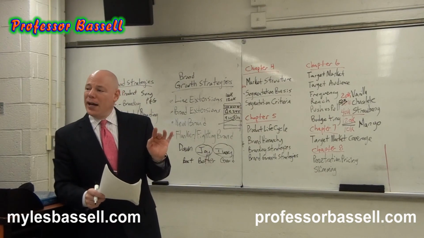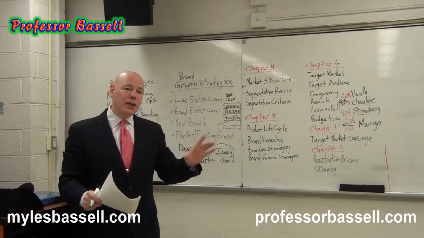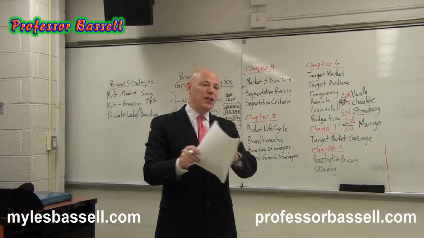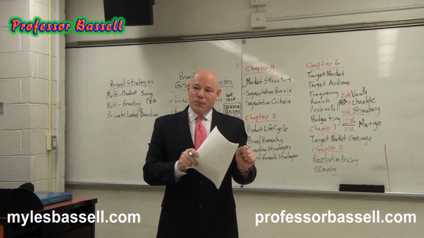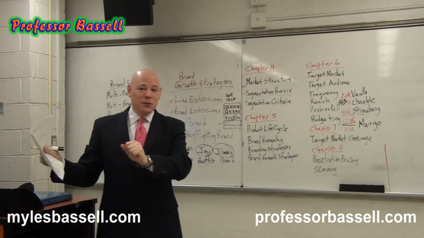So they have 3 brands in one category. They have a good, better, best pricing strategy. How do they make that real? Well, they have 3 brands. It's not enough to say, oh, we have a good, better, best pricing strategy. Well, what does that mean? You can't have the same brand. You can't be all things to all people.